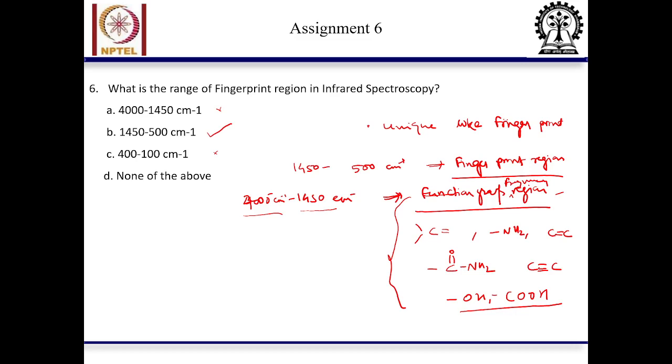Basically your fingerprint region involves most of the bending vibrations, which are in the low frequency region, so that is very hard to define. In your group frequency region, basically stretching vibrations will be there.